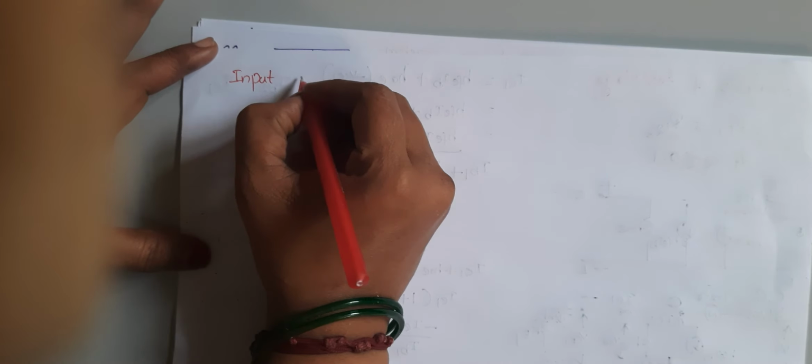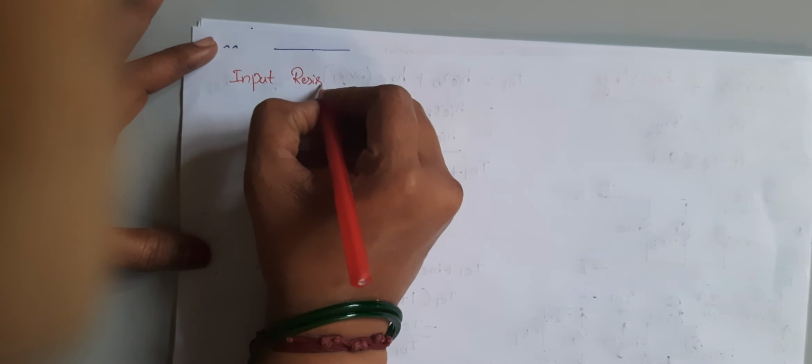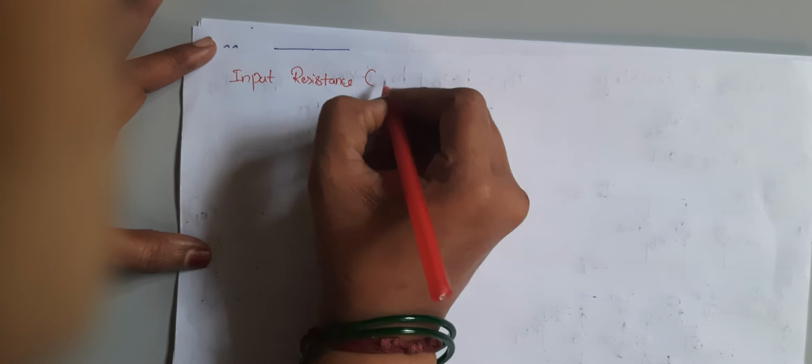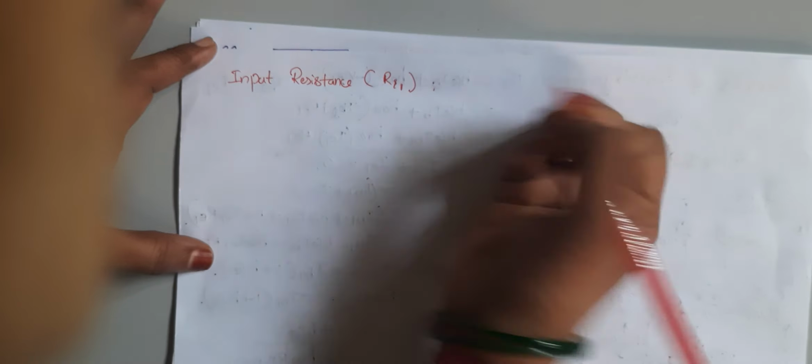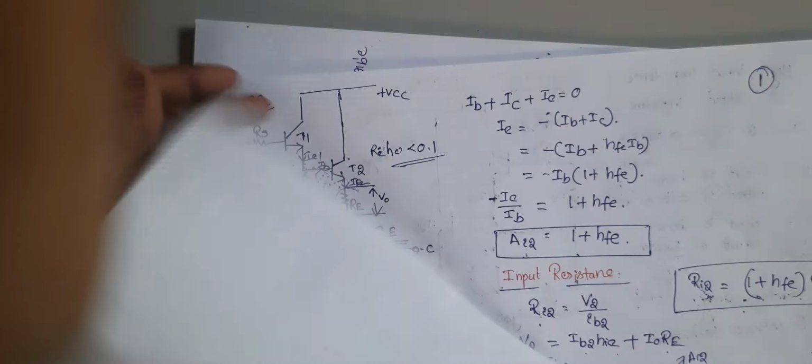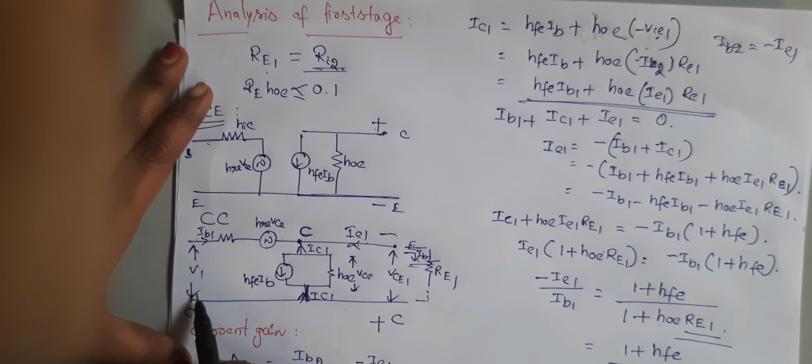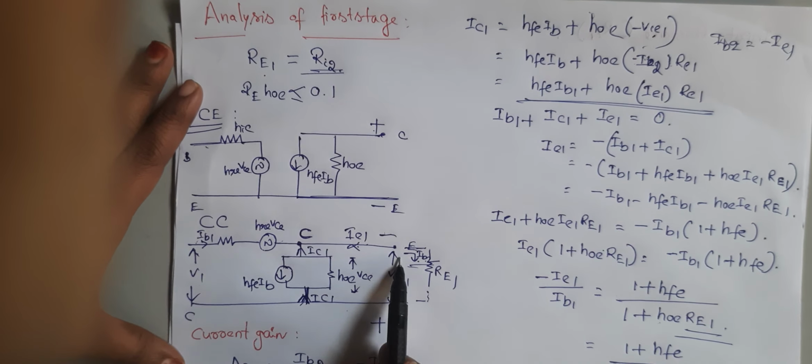Next, to find out the input resistance RI1, the input resistance for the first stage. From this circuit, consider the KVL at the outer loop only.